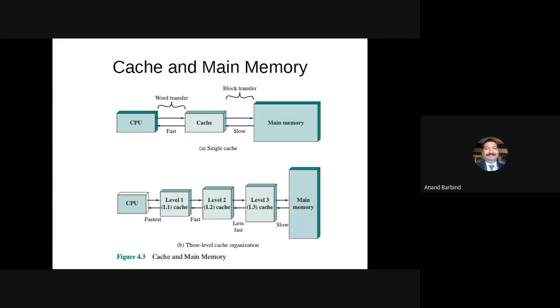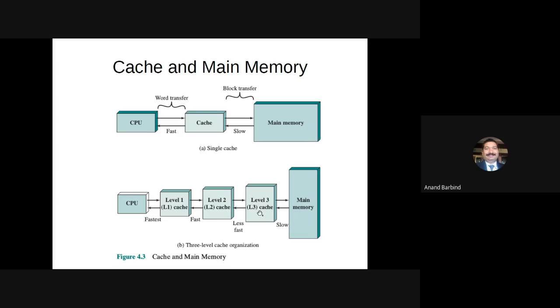with this particular cache. So we discussed that the cache can be either a single cache or it can be organized as different levels of the cache. That is, in the cache also you have some memory which is fastest, some memory which is less fast, and some memory which is slow.